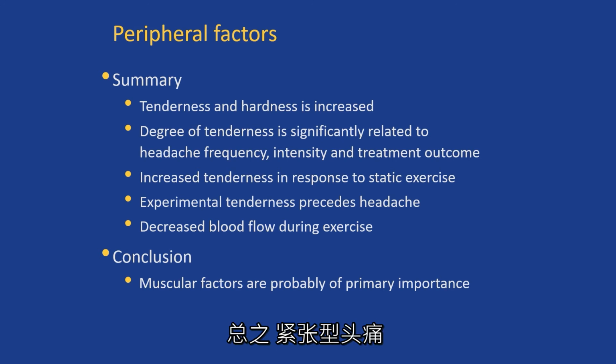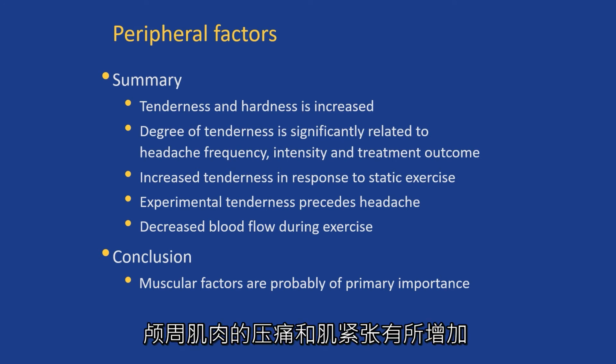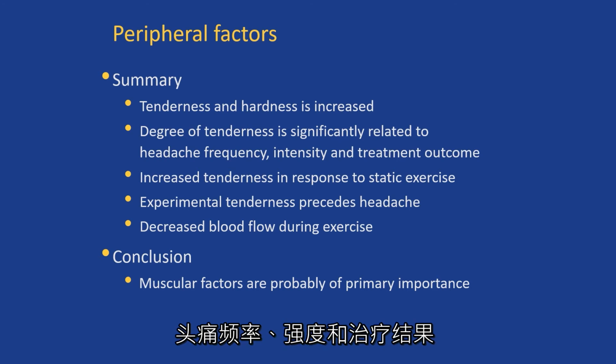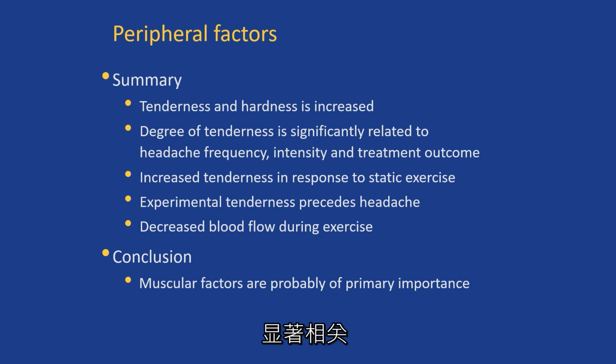In summary, in tension type headache, tenderness and hardness of pericranial muscles is increased. The degree of tenderness is significantly related to headache frequency and intensity, as well as treatment outcome in patients with tension headache.